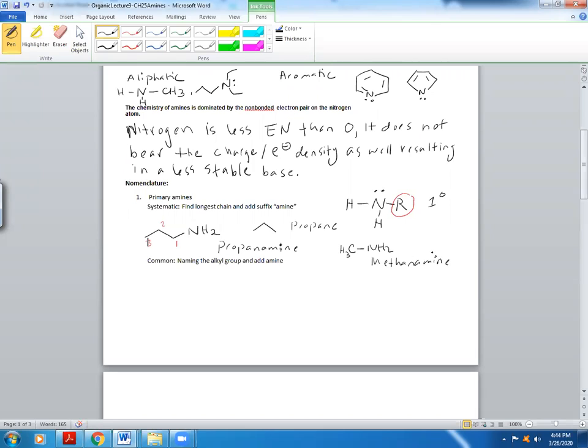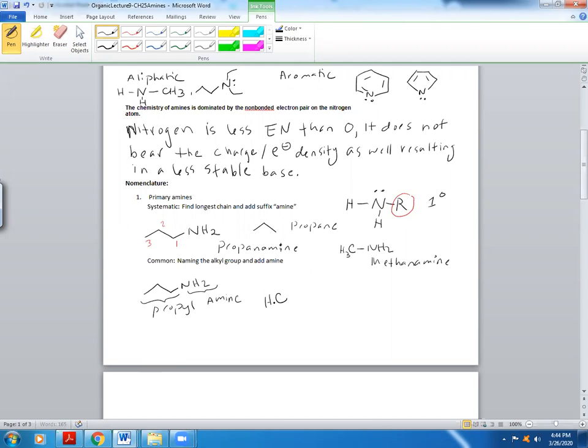Now, some of those are, like I said, not used very widely. So let's look at the common names. What you do is you name the alkyl group and you add amine. So for example, when we did this one, this is a propyl group. And then you add amine. So it's just propylamine.